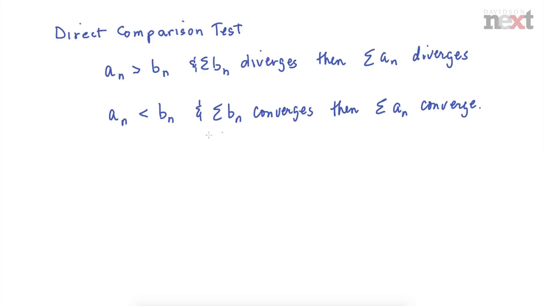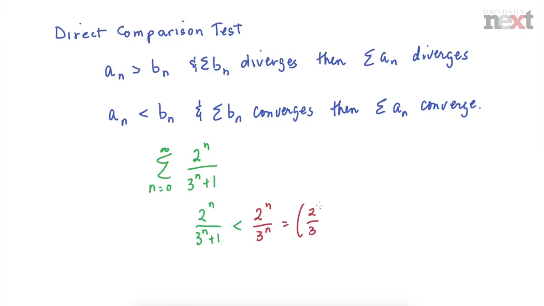For example, if we wanted to explore whether the series 2 to the n over 3 to the n plus 1 converges or diverges, it might be a little difficult to do by simply looking at that series on its own. But we can show that each term of our series is smaller than 2 to the n over 3 to the n, which is in fact a geometric series with a common ratio of 2/3.